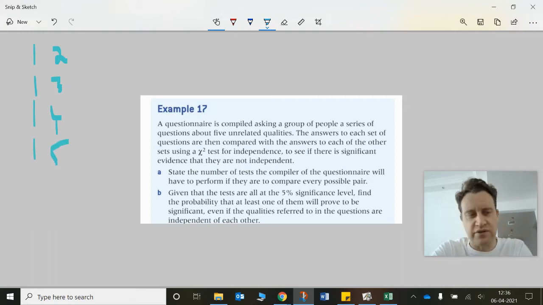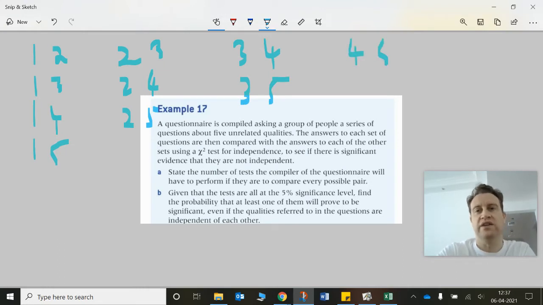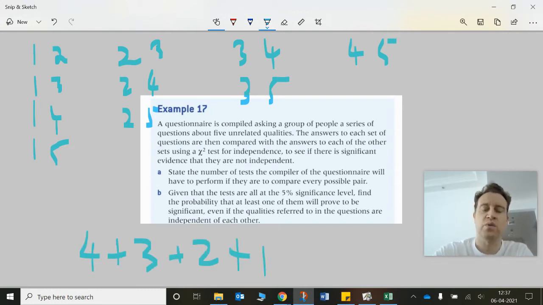And you can essentially count through these, because then you've got 2. Well, 2 and 1 has already been done. So now we're left with 2 and 3, 2 and 4, 2 and 5, and 3 and 4 and 3 and 5, and then of course 4 and 5. So there you go. There's 10 tests there. So you could just list them if you wanted to. That's just 4 plus 3 plus 2 plus 1.